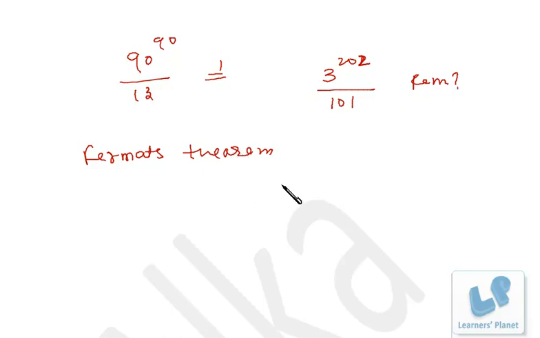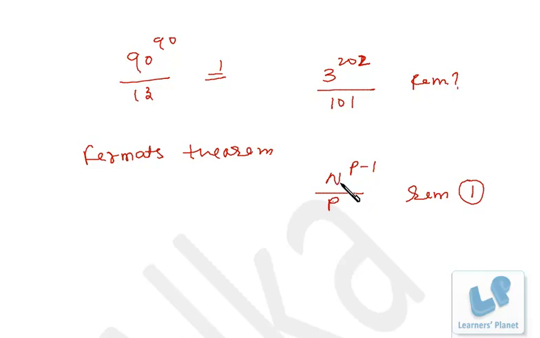Suppose I have any number P, that is the divisor, and any other number that is co-prime to P, suppose this number is n. Then n raised to P minus 1, if it is divided by P, the remainder will be 1, right?